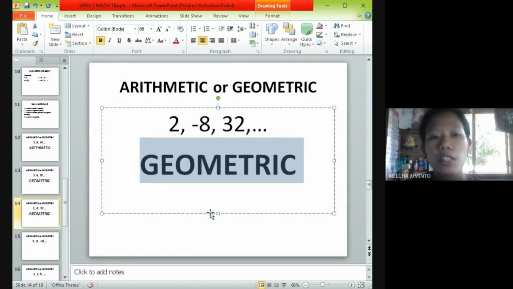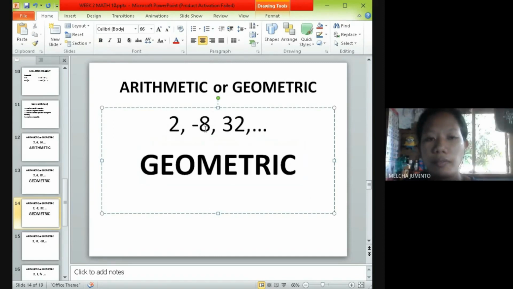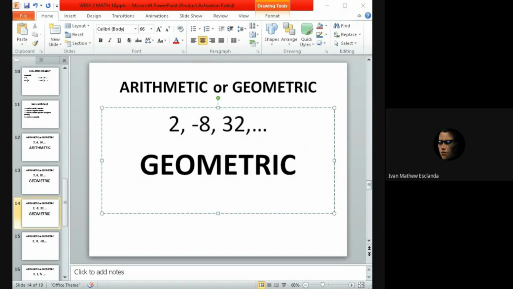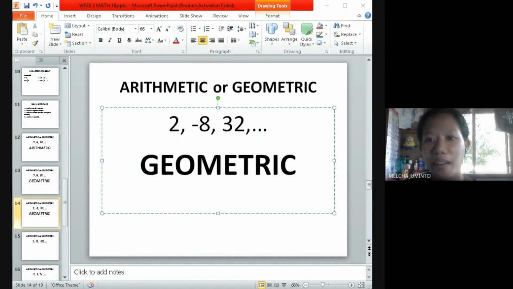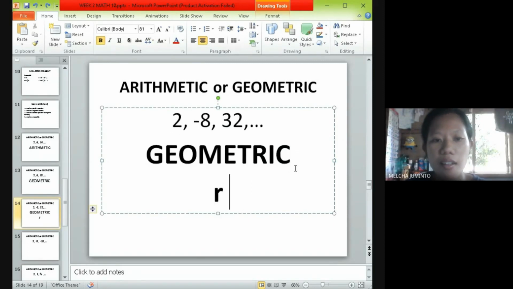What is the common ratio in this sequence? Negative 4. Okay. Thank you, Ivan, for helping. So this is a geometric sequence with a common ratio which is negative 4. So I will type yung common ratio para makita niyo. R is equal here to negative 4.